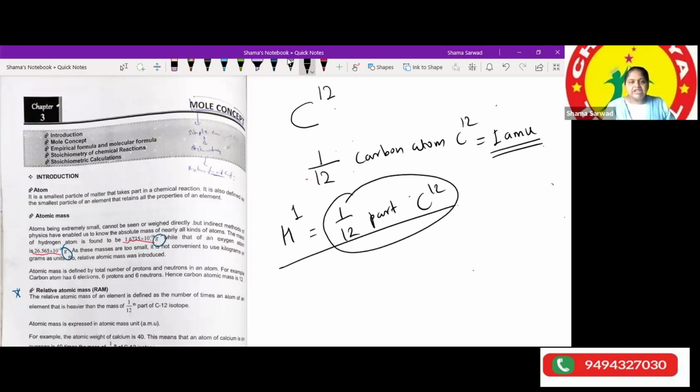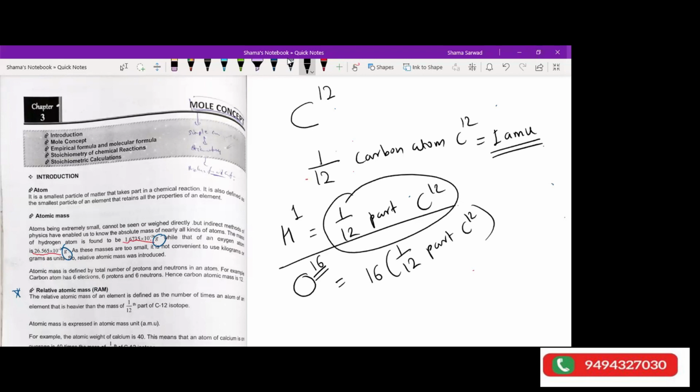One more example, oxygen. Its atomic mass is 16. Why is its atomic mass 16? Because to balance an oxygen atom, you need to take 16 of the 1 by 12th parts of carbon 12. Because 1 by 12th part of carbon 12 is nothing but 1 unit. So how many do you take to balance oxygen? 16.